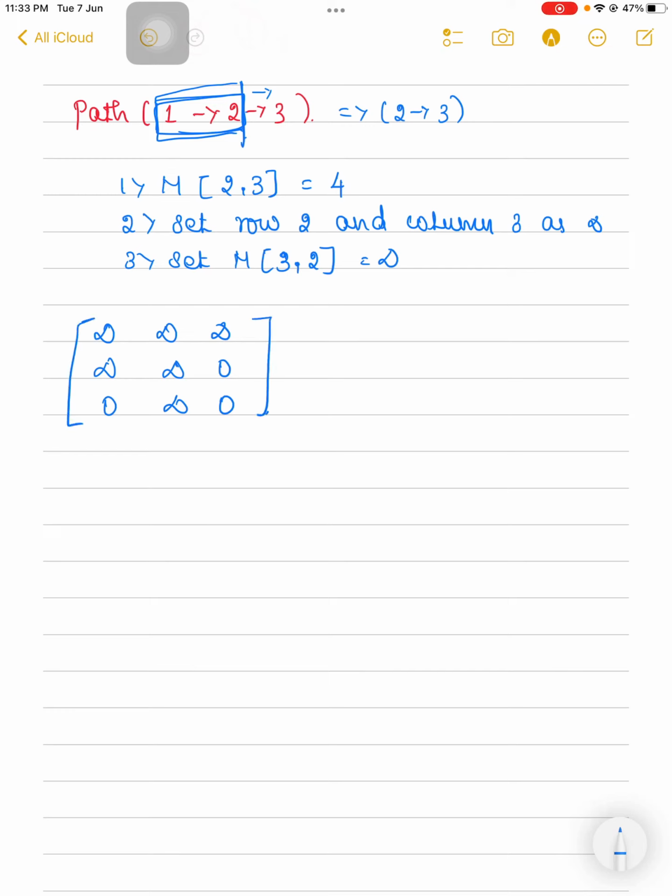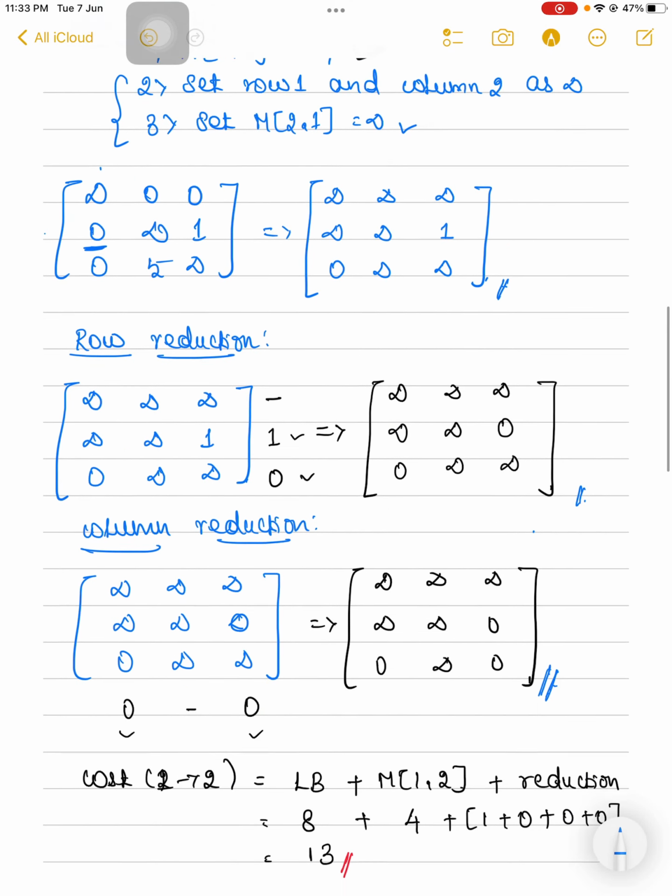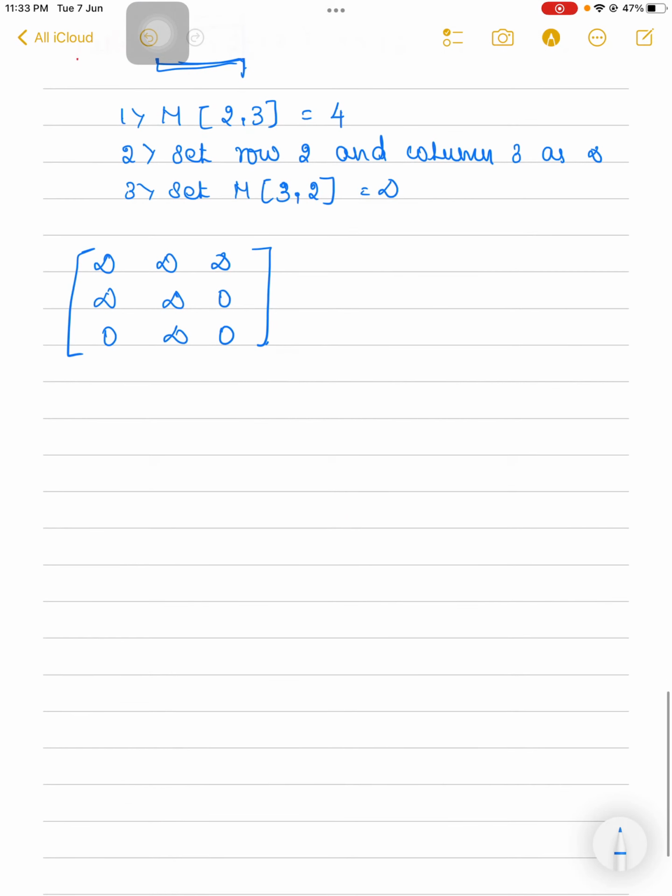Now, what are we supposed to do? We are supposed to set row 2 as well as column 3 as infinity, right? The second step is to set row 2 and column 3. So row 2 is this and column 3 is this. We made all of this infinity. The rest will remain the same: infinity, 0, infinity.